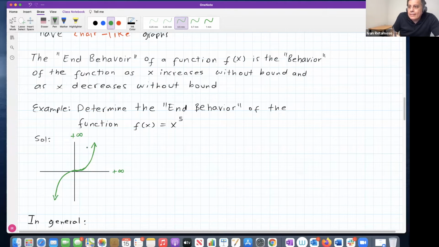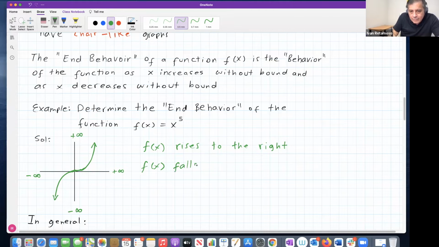So you can say that f of x rises to the right. And what happens when you go to the left? If you let x decrease to the left towards negative infinity, now the output values decrease without bound, to negative infinity. So we can say that eventually f of x falls to the left. This is in words.